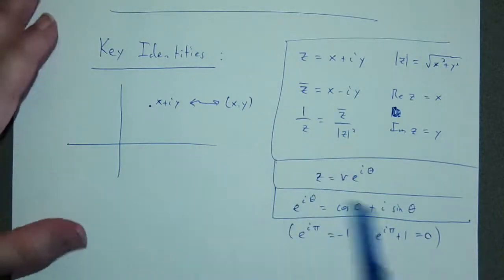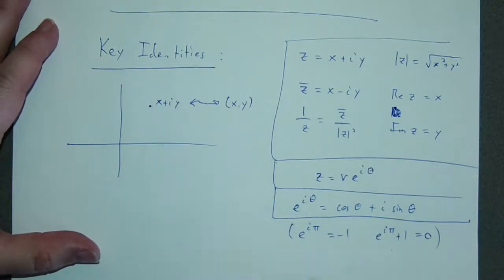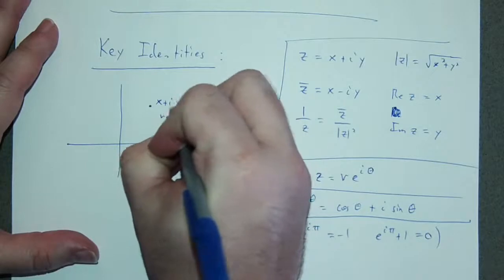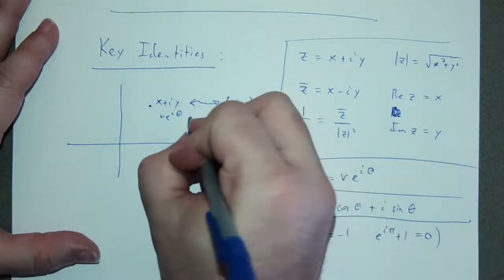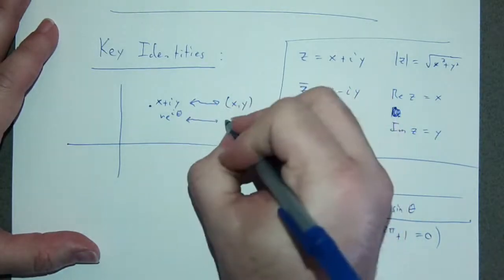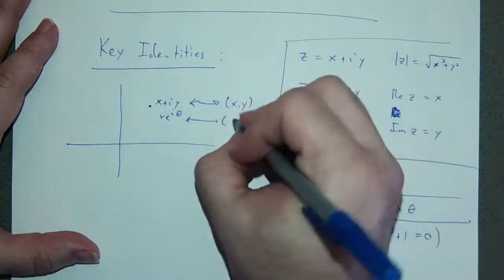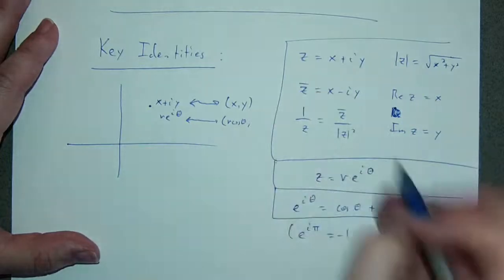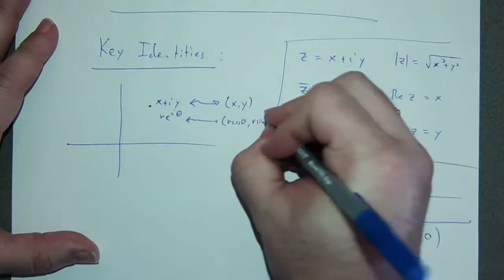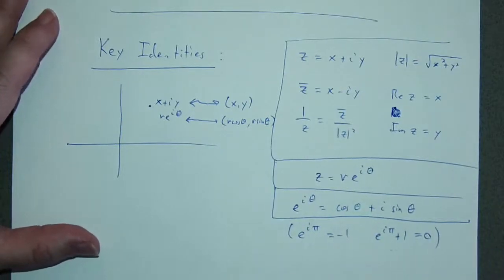Well, anyway, if that's the case, then if this same point can be thought of as r e to the i theta, and e to the i theta is cosine theta plus i sine theta, then really that's me passing to r cosine theta, r sine theta. So this is just polar coordinates, as I mentioned yesterday.